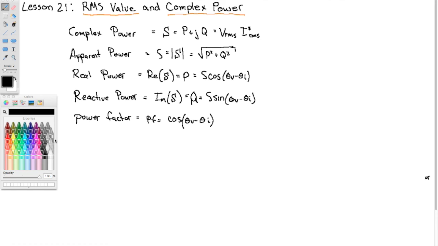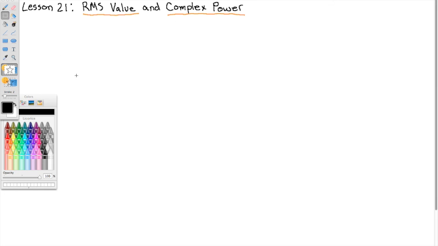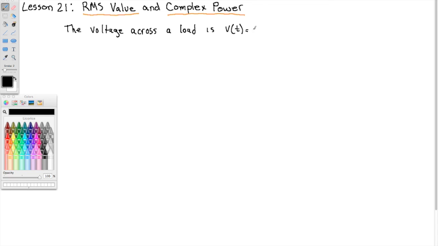Okay, so let's look at an example. The voltage across a load is v of t equals 60 cosine of omega t minus 10 degrees volts.